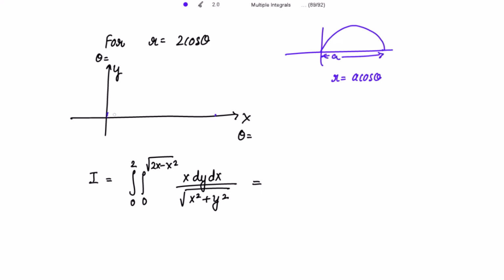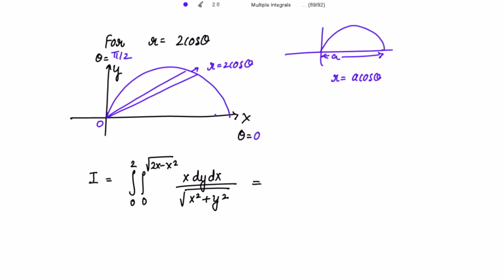Similarly, I can sketch the graph for r equal to 2 cos theta like this, and making a wedge that describes that r is varying from 0 to 2 cos theta. And because it is lying in the first quadrant, theta is varying from 0 to pi by 2.